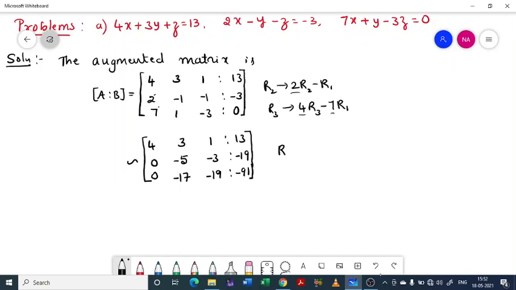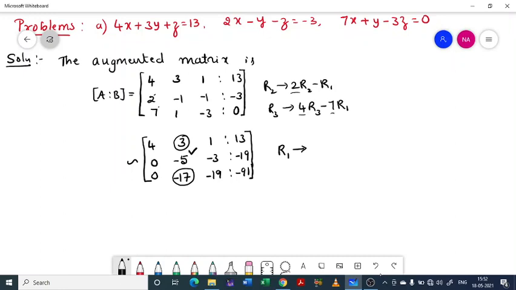Then, before writing the operations, come to this. As I said, you have to make this second diagonal entry the reference point and make these two 0. Now we have to write row operations for the first row and last row. So R1 changes to R1.